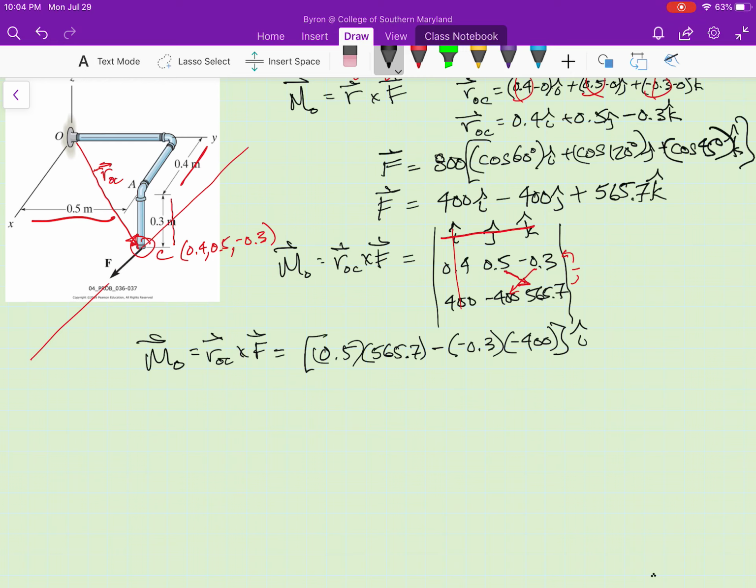Now the J term, we know from the lecture, has a negative sign in front of it.